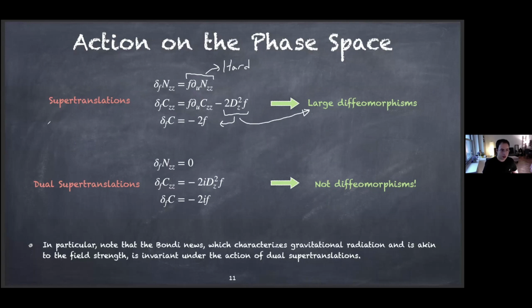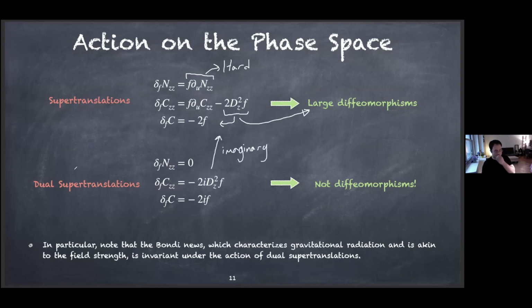And now we can also look at the action of dual supertranslations on the phase space. And it looks very much like the imaginary counterpart of the homogeneous terms in the supertranslation transformation laws. However, there are no explicit u derivatives here.